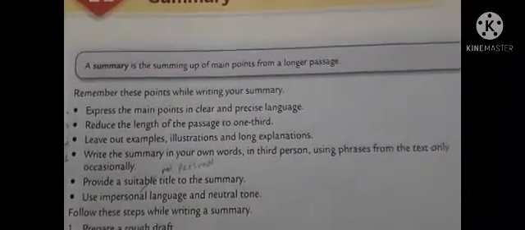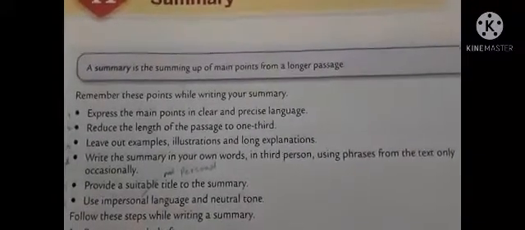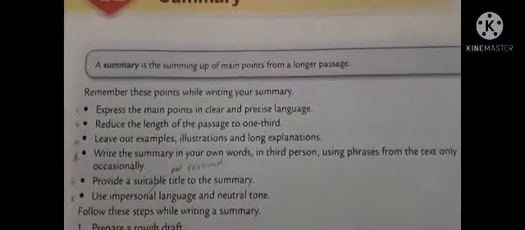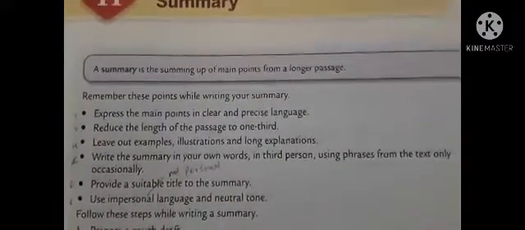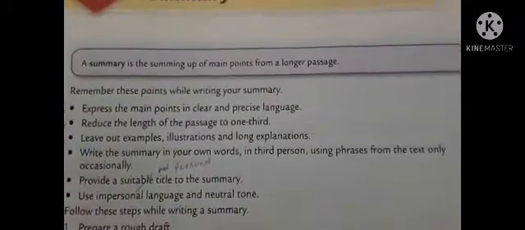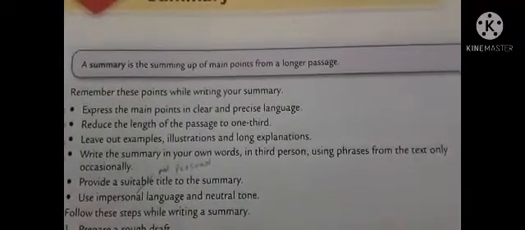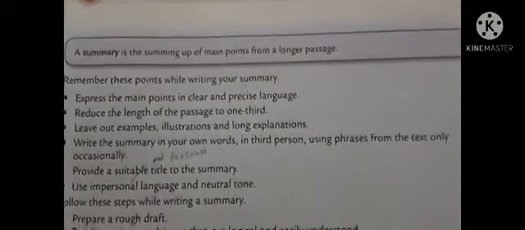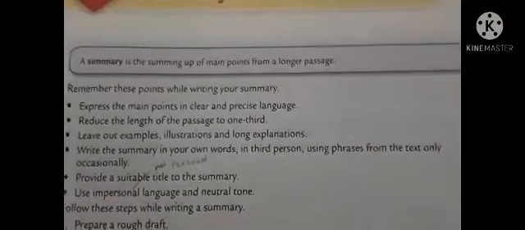Okay, we have to write using third person, he, she, they, not first person, I. And at times we can use phrases, but then those phrases have to be from the text only, not from outside.